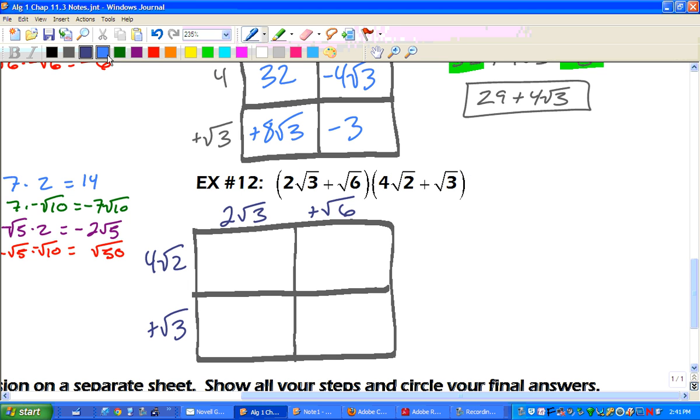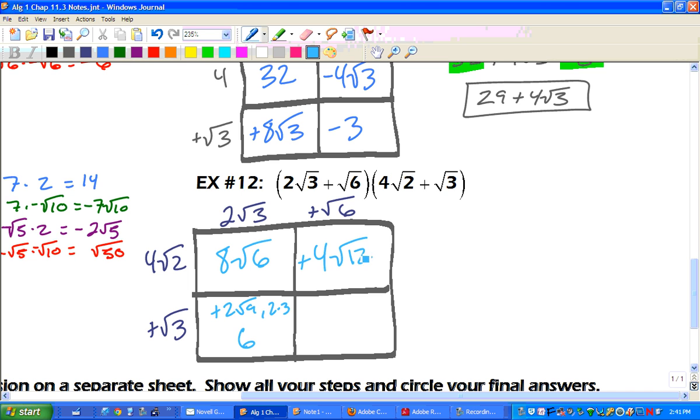So inside with inside, outside with outside. So 4 times 2 gives us 8, and 2 times 3 gives us 6. 4 times 1 is 4, and 2 times 6 gives us 12. 2 times 1 is 2, and 3 times 3, well, it'd be root 9, which is 3, so 2 times 3, this is actually 6.